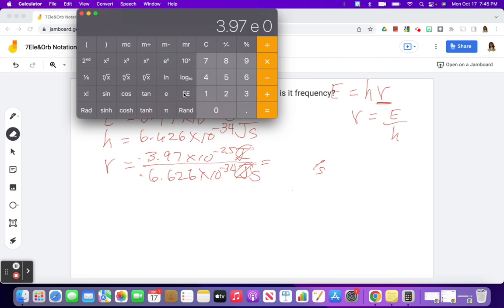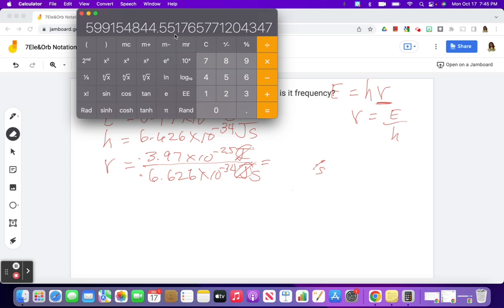You just hit EE and you type in the exponent, negative 25. Then you're going to hit divide by 6.626. Then you hit the EE key again and you hit negative 34. And voila, there's your answer.